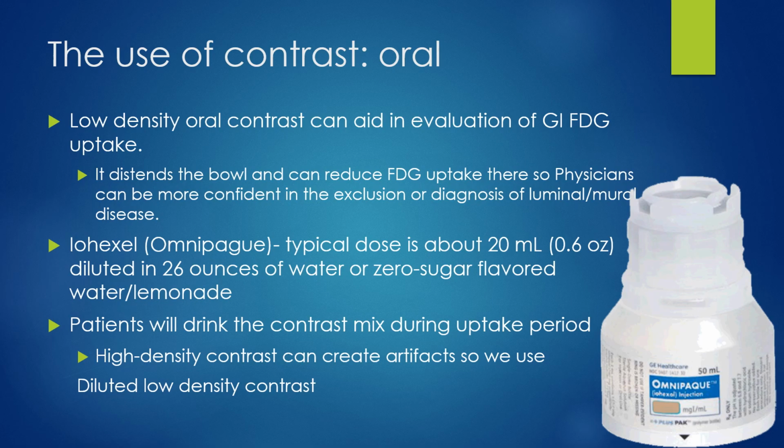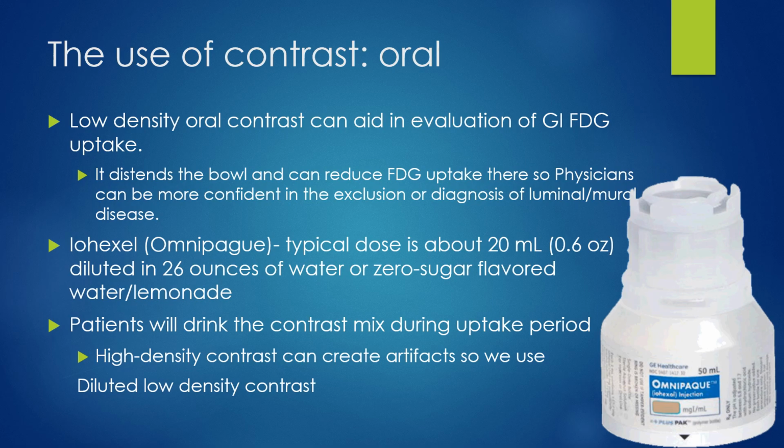So you really would only need it if you're looking at something that's in the abdominal area and you want to be able to distinguish between tissues. It distends the bowel and it can reduce the FDG uptake there. So physicians can be more confident when they're reading the study in either the exclusion or diagnosis of luminal mural or transmural disease. So disease just around the gut.